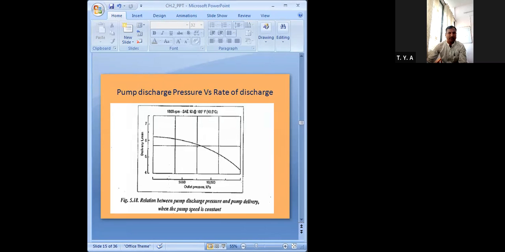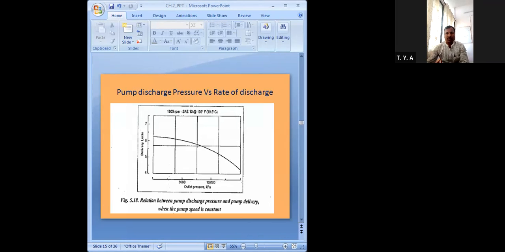You can see the value is less at starting, and the rate of discharge is high. And if your discharge pressure is high, then your delivery rate is less. So that is called the characteristic. This first graph shows pump discharge pressure versus rate of discharge.